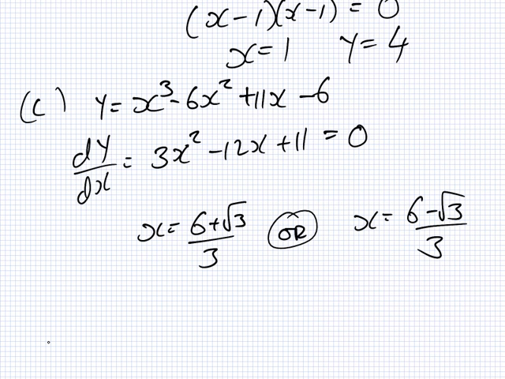So what's happening here is you have 2 turning points. One of them was here and the other one is going to be here, for example, something like this. The reason you have two turning points is because when you differentiate a cubic, you get a quadratic.